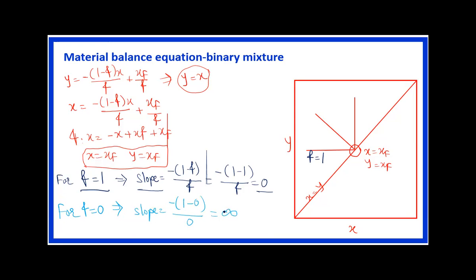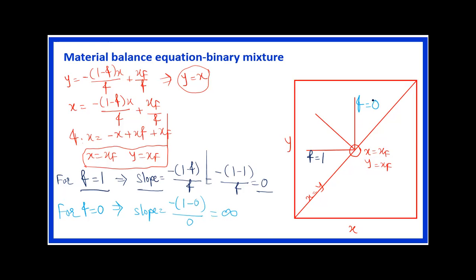So anything upon 0 is infinity. So slope is infinity, it means it is parallel to y-axis. So this is the line. So we can write here that this is the condition where small f equal to 0.